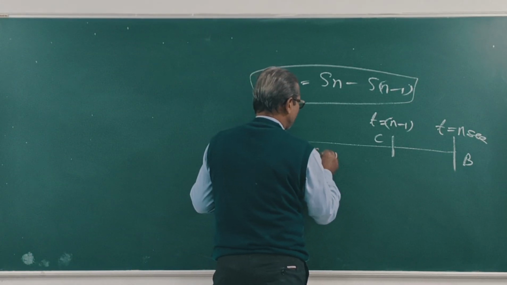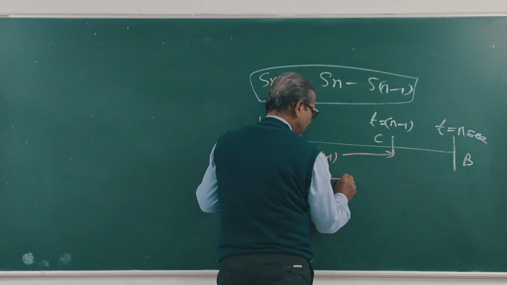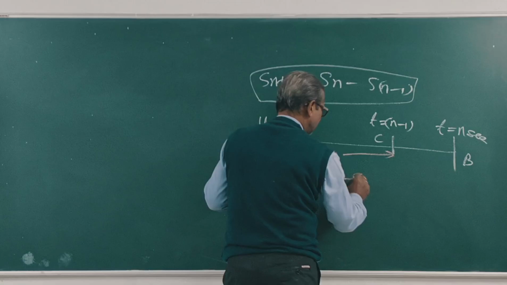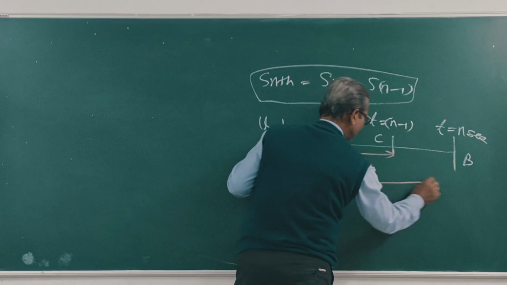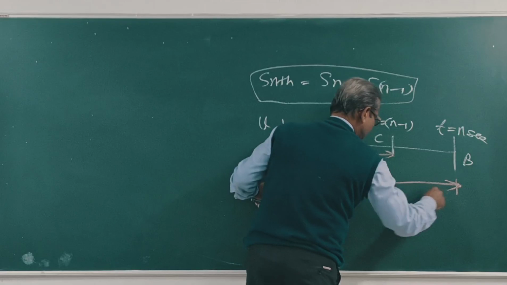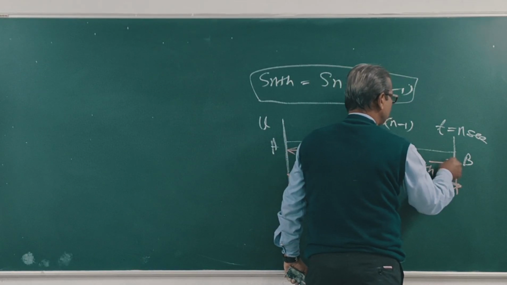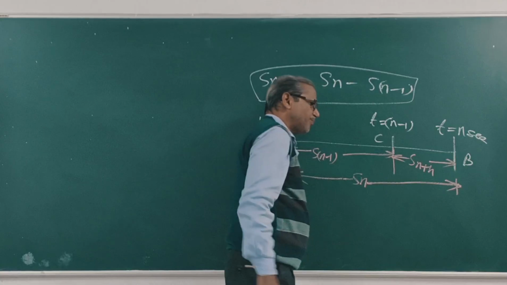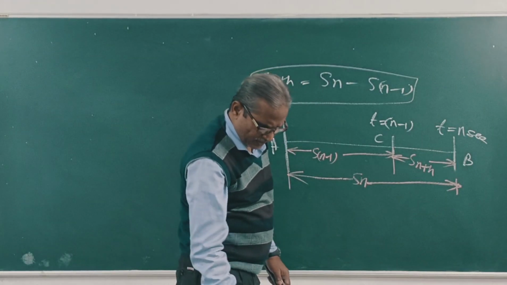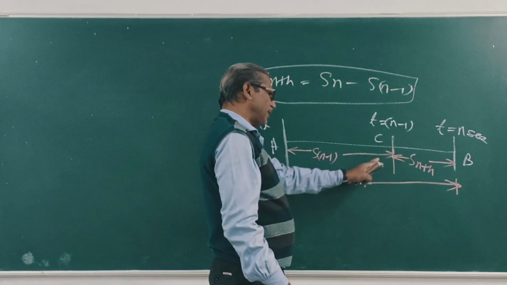This is s_(n−1). This is s_n, and this is s_nth. Right? So s_nth is equal to s_n minus s_(n−1).